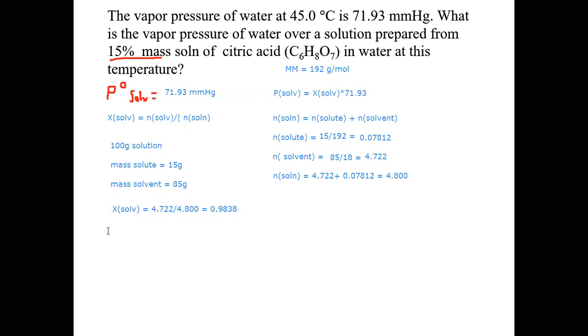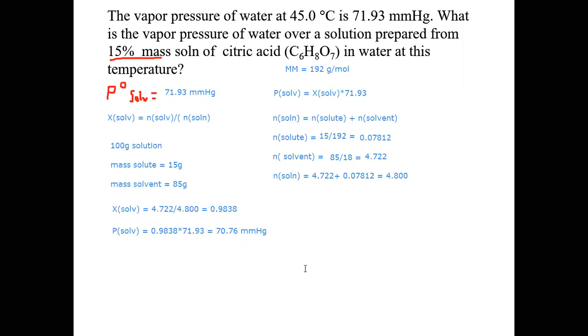So now we have the mole fraction of solvent, we can calculate the vapor pressure of the solvent in the mixture or in the solution. And notice that the vapor pressure did decrease. So now the new vapor pressure is 70.76 millimeters of mercury.